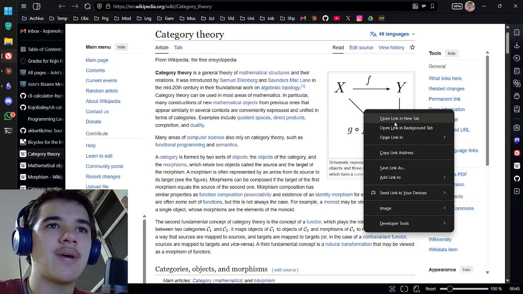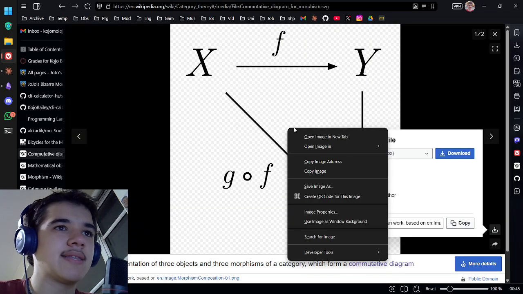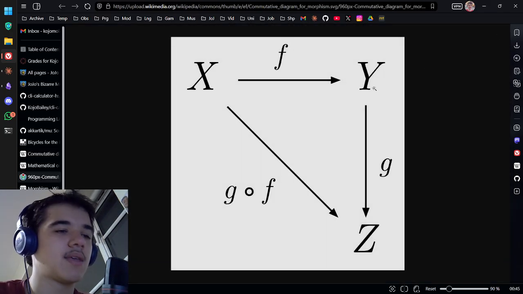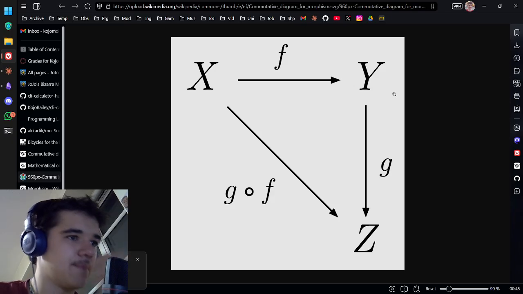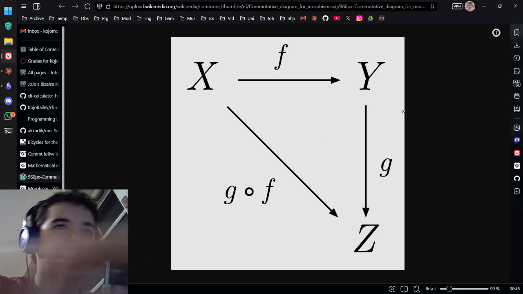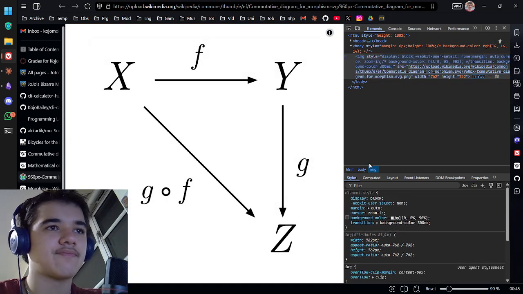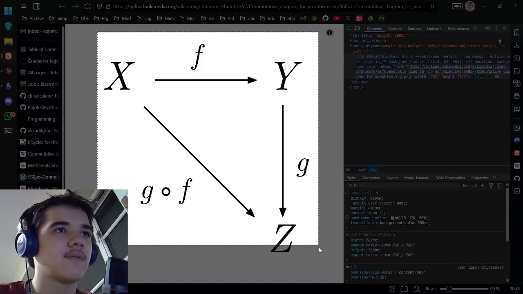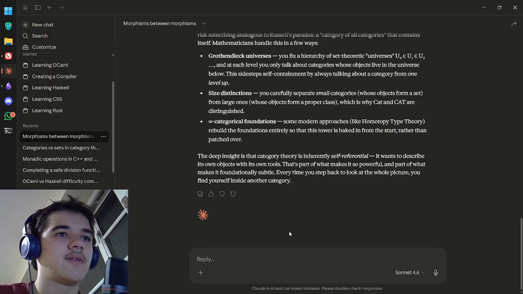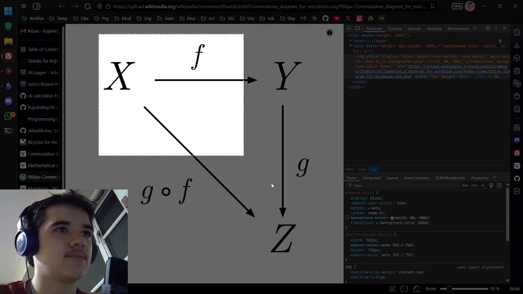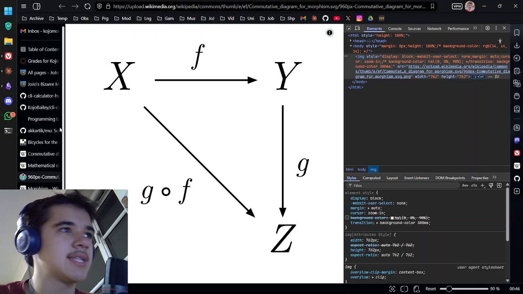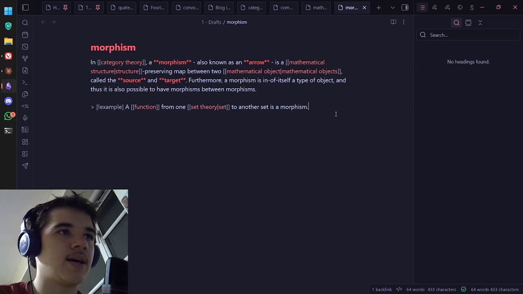Okay, so let's go ahead and take this image as well. Just remove the background colors here.